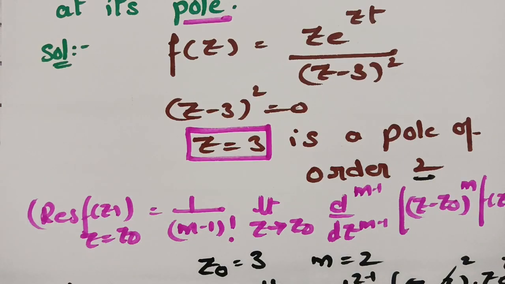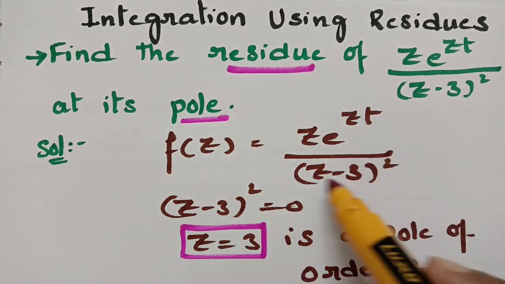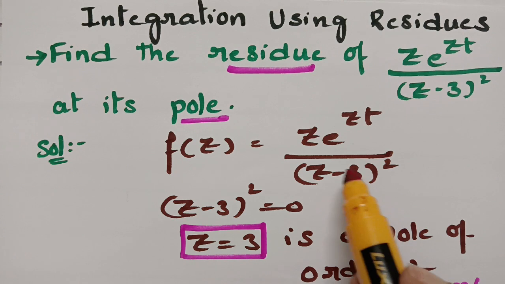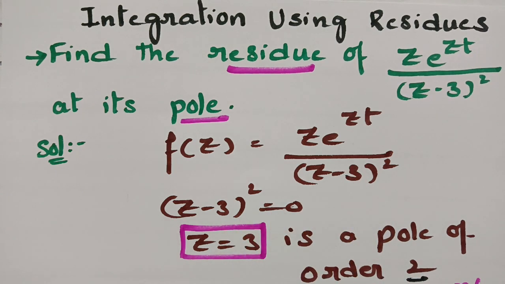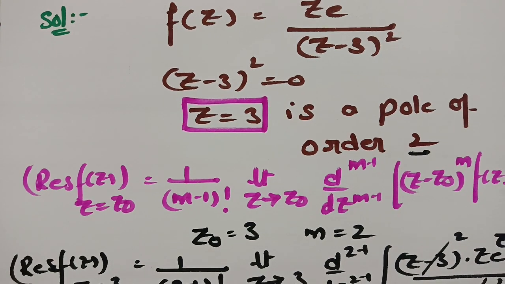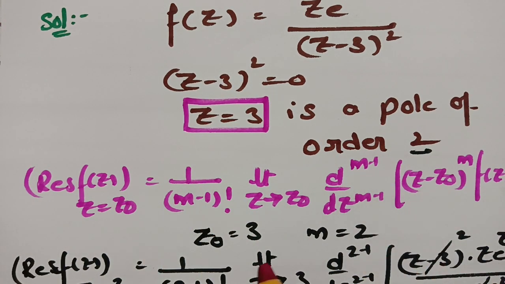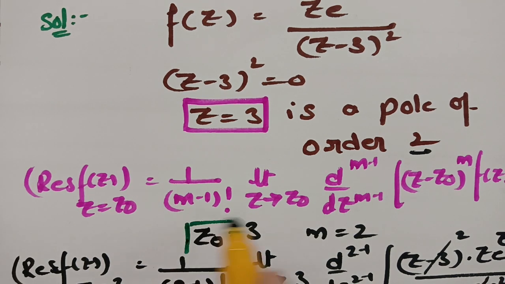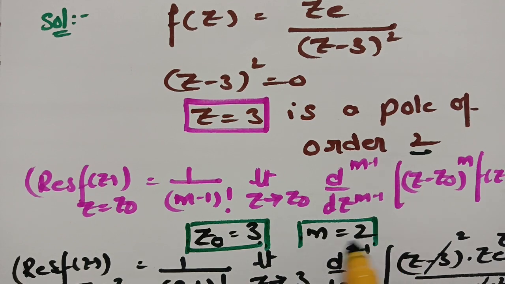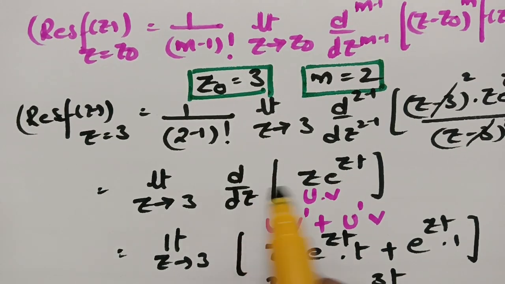Let me explain again. The given function is z e^(zt) / (z-3)^2. For finding the poles, we equate the denominator to 0, so z = 3 is a pole of order 2. For the residue at z = z0, this is the formula. In this formula we substitute the pole value and the order m = 2. Then we have to differentiate the function, which is a product u v, using the formula u v' + v u'. After differentiating and substituting z = 3, taking e^(3t) common, this will be 3t+1.